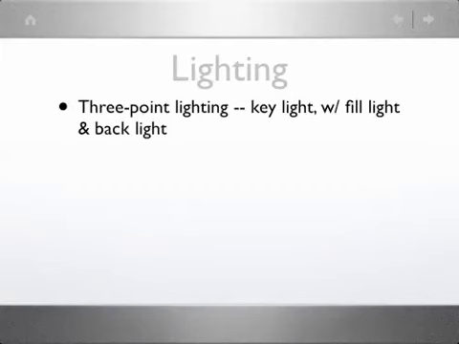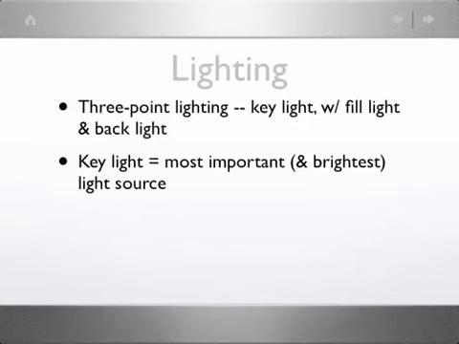These 3 points in the three-point lighting scheme are the key light, the fill light, and the backlight. Those are the names that are given to the 3 positions in the three-point lighting scheme. The most important of these 3 positions, and the reason why it's given its name, is the key light. It's called the key light because it is the key light.